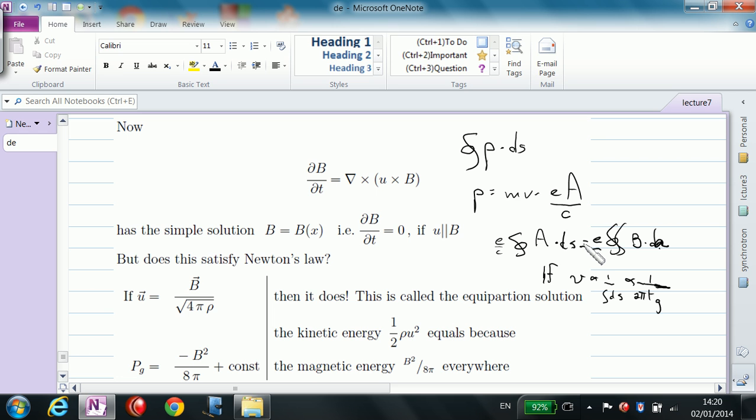So suppose I change B very slowly. What happens to the particle?